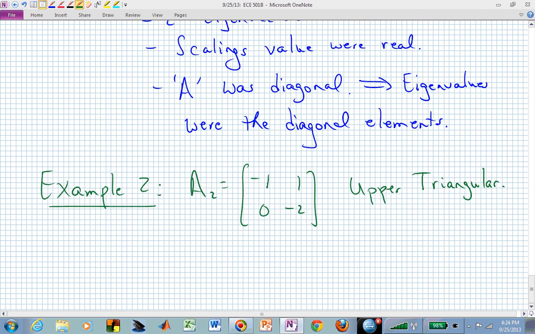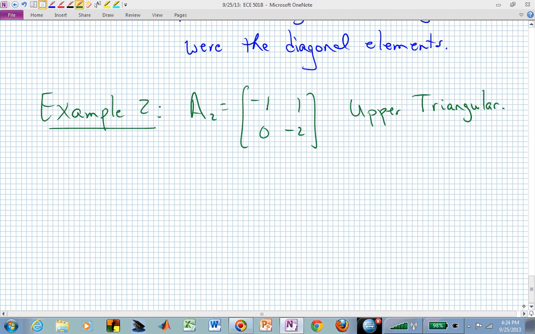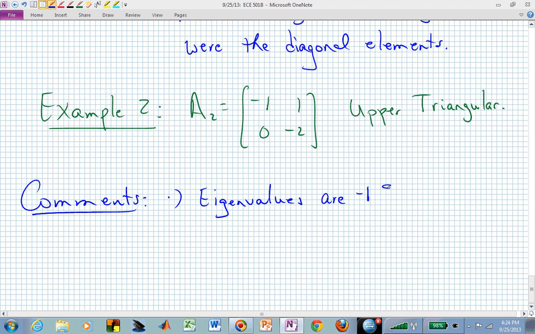It has non-zero entries above the diagonal, but everything below the diagonal is 0. So we call that upper triangular. And we can quickly make some comments relative to A sub 2. With this upper triangular matrix, we can still immediately identify the eigenvalues. They're on the diagonal again. The eigenvalues are -1 and -2.